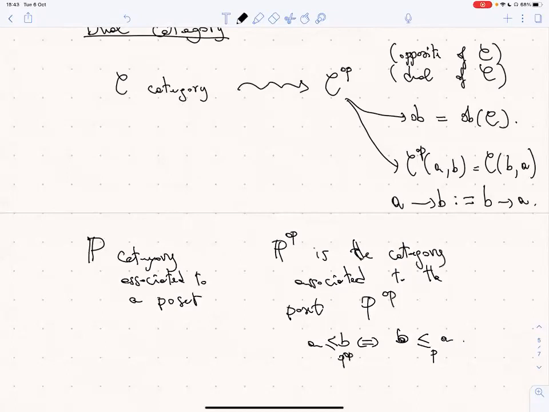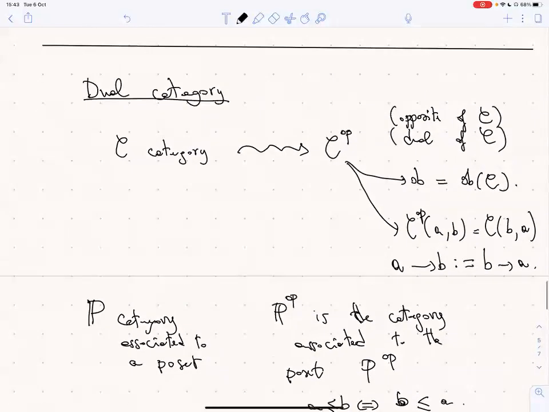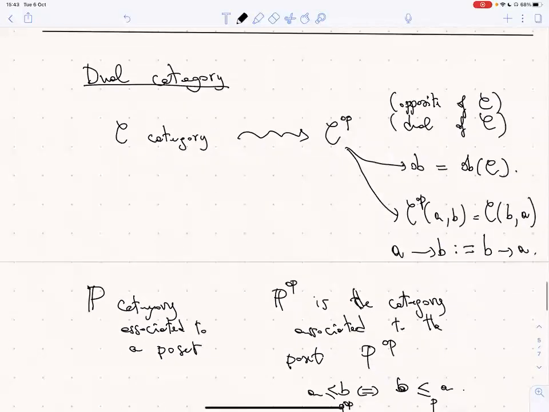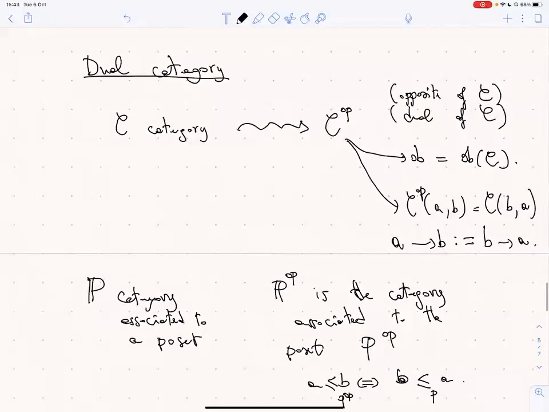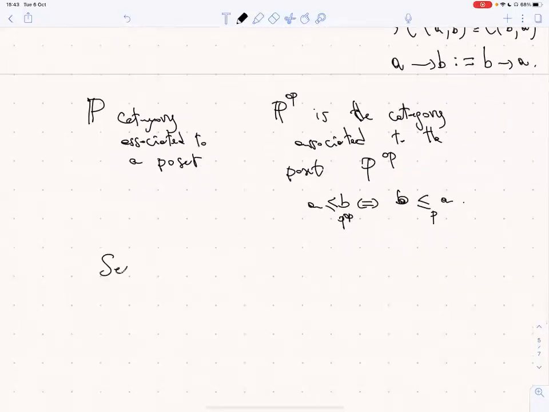Okay. So again, this example, in my opinion, is not completely easy to understand. And to be very honest with you, I didn't understand the notion of dual category the first time I saw it. For example, it's very hard to understand, and we will see it in the course, with the opposite category of sets.